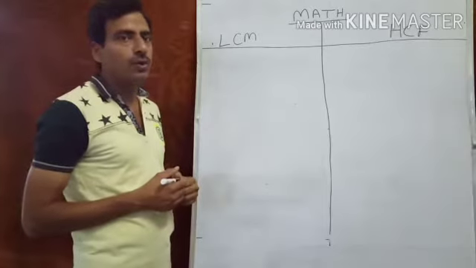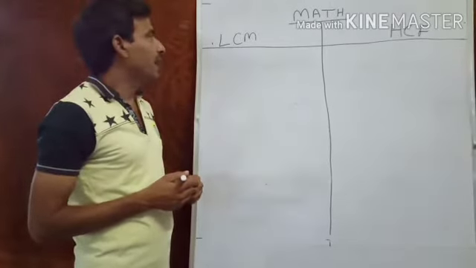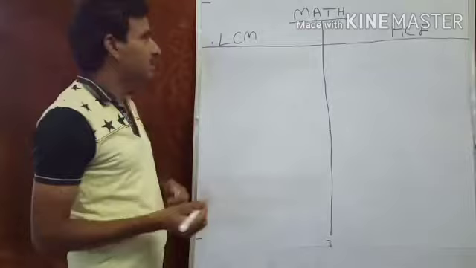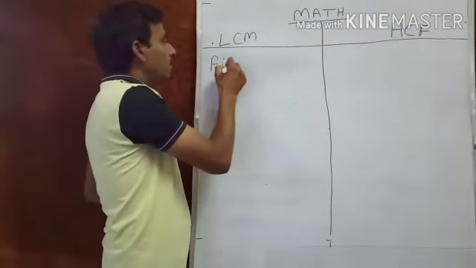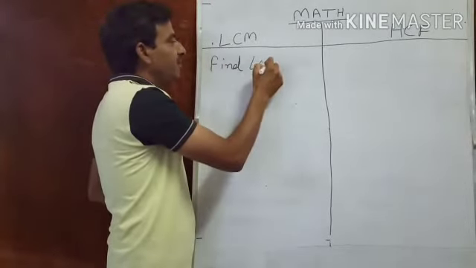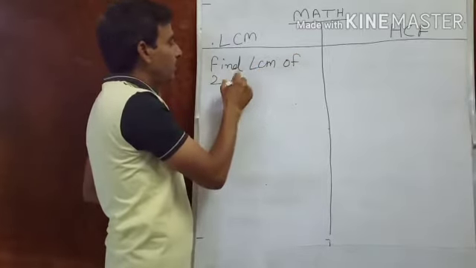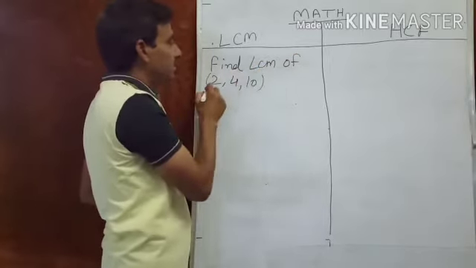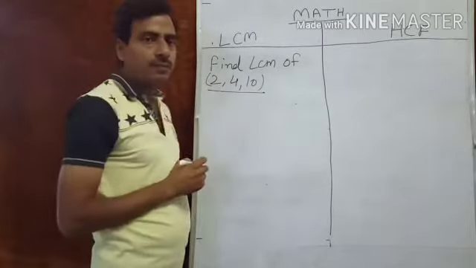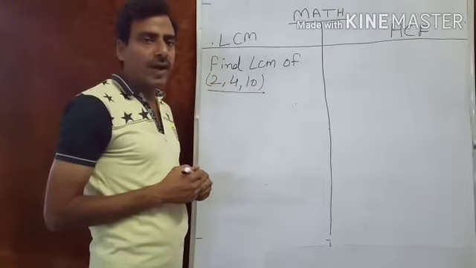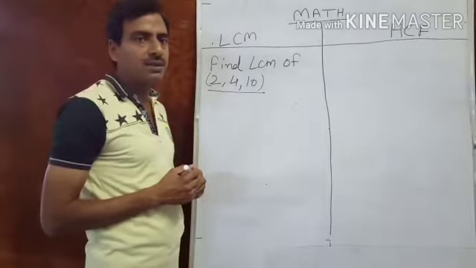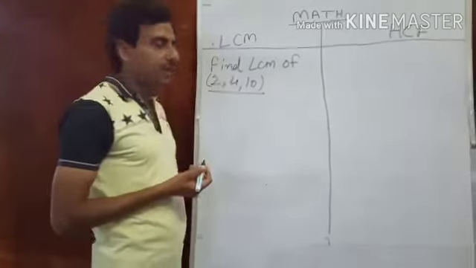Another method we know to get the LCM of given numbers. Like, find LCM of 2, 4, 10. Another method to find the LCM of given numbers is called the division method.